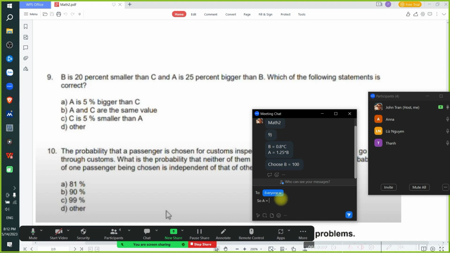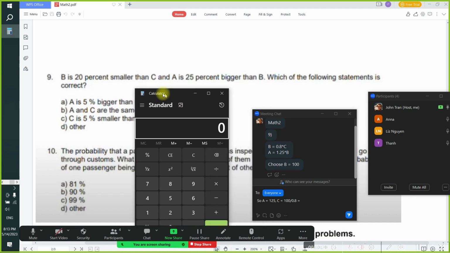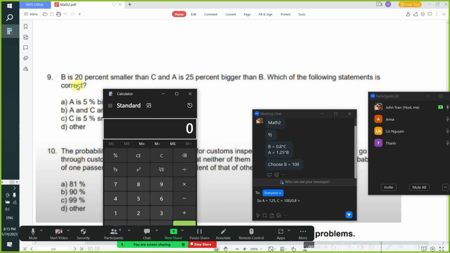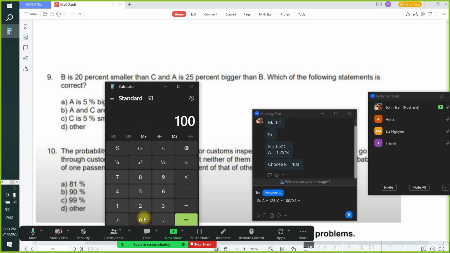So A will be equal to 1.25B, which is 125, and C will be 100 divided by 0.8, right? So if B is 100 and B is 25% smaller than C, you can take 100 divided by 0.8.